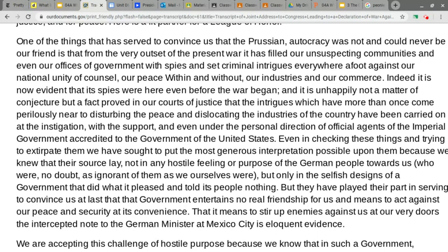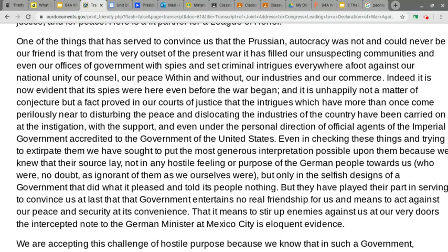Indeed, it is now evident that its spies were here even before the war began, and it is unhappily not a matter of conjecture, but a fact proved in our courts of justice that the intrigues which have more than once come perilously near to disturbing the peace and dislocating the industries of the country have been carried on at the instigation, with the support, and even under the personal direction of official agents of the imperial government accredited to the government of the United States.